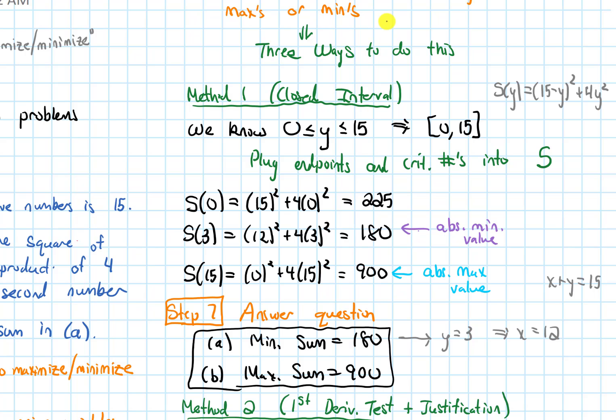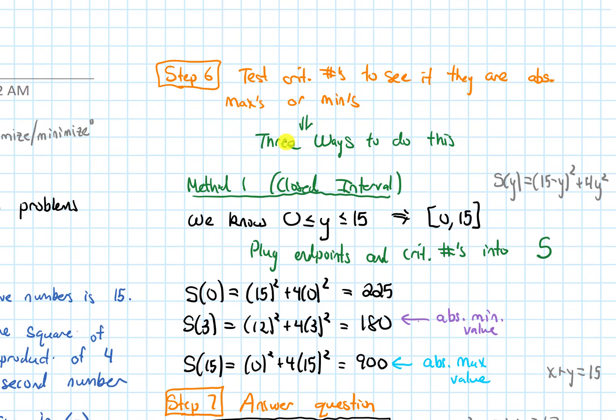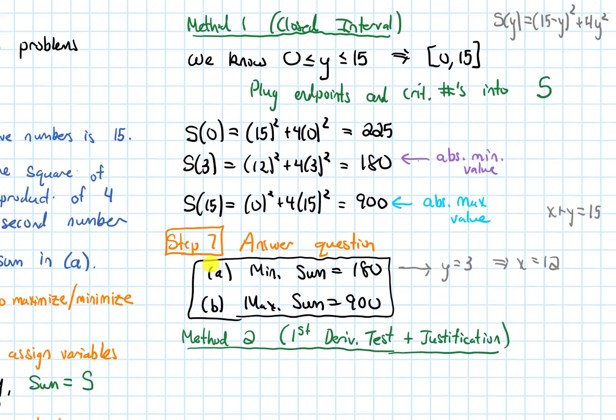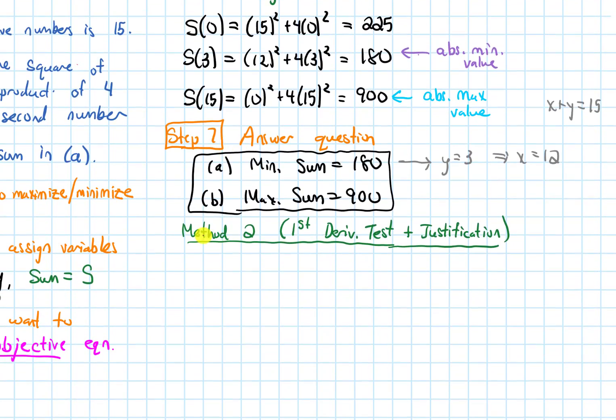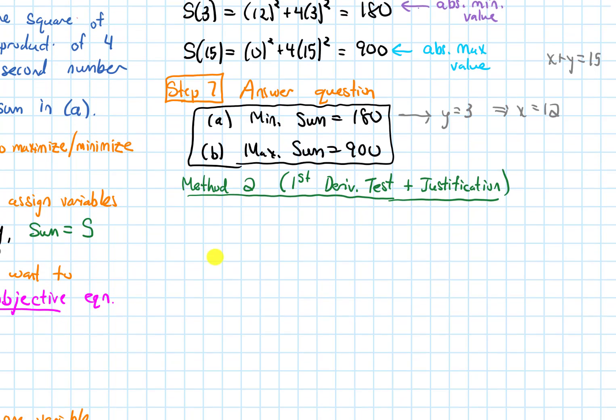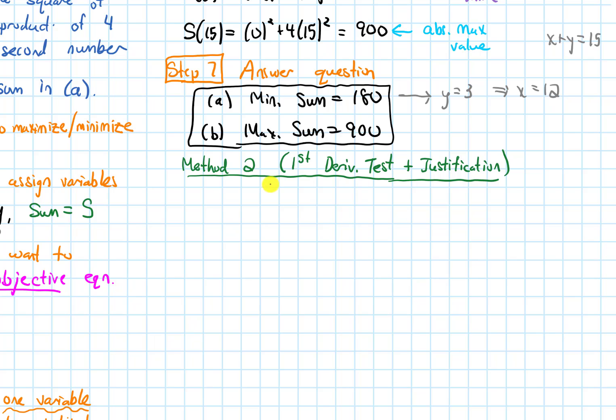So I mentioned earlier that there were 3 ways that we could test our critical numbers, and this is just the first. I want to go over the others. Okay, so the second is to use the first derivative test plus a little bit of justification. So remember, the first derivative test was this thing where we do a number line and check the signs of the first derivative.